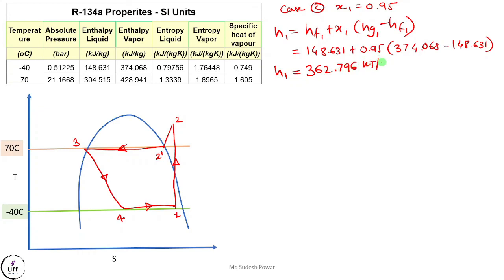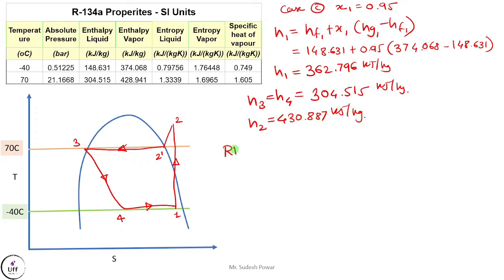362.796 kilojoule per kg. Then enthalpy at point number 3, that is also equal to enthalpy at point number 4, 304.515. H2 we have already calculated. So we can find out the refrigerating effect.